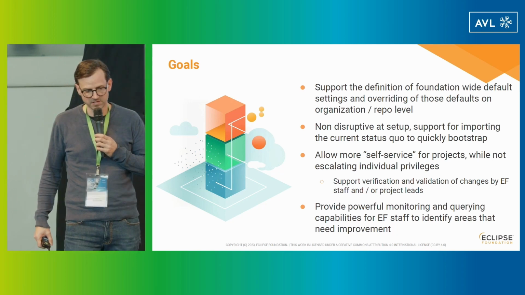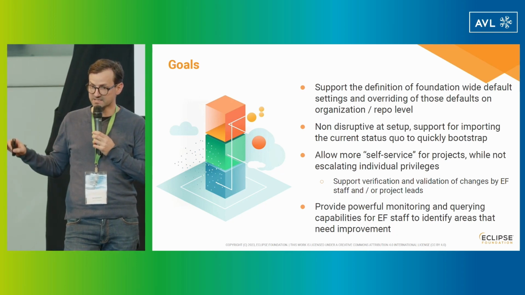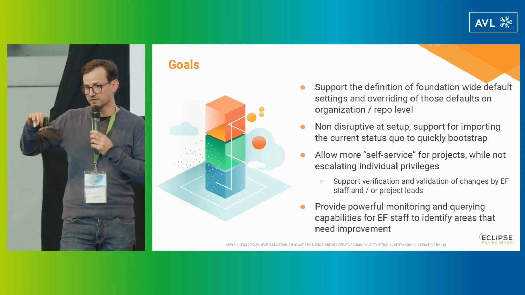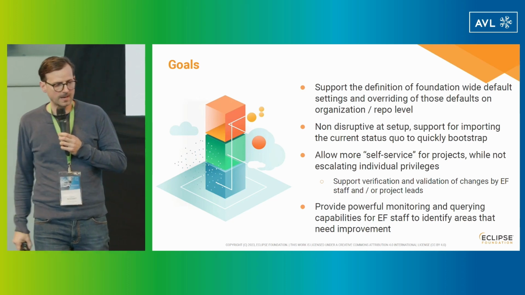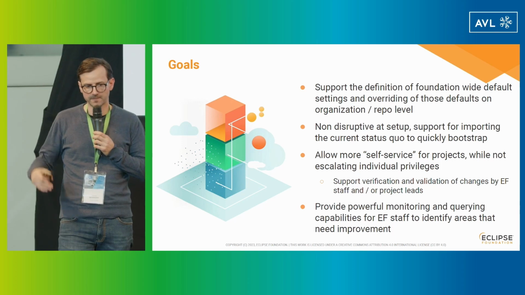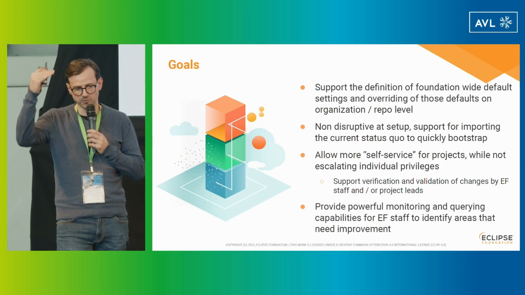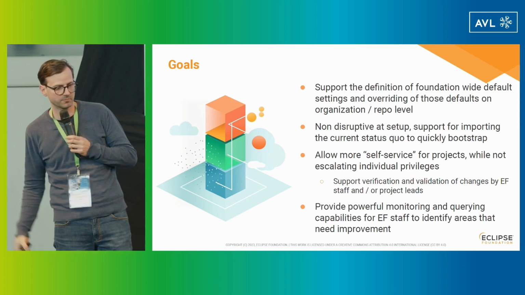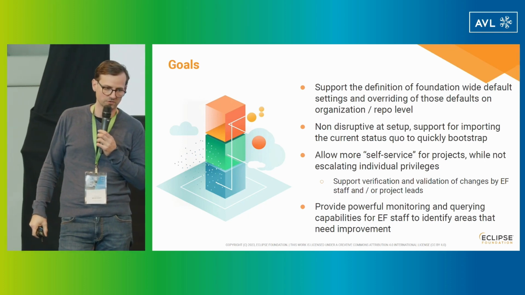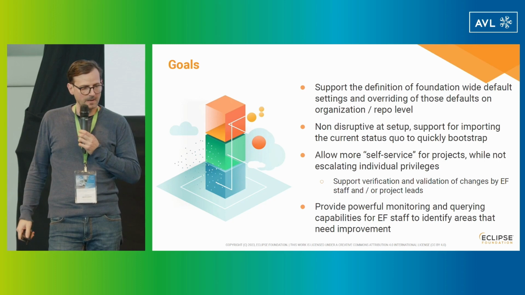That is not the intention. The intention is that we have some kind of a baseline, and if a project needs or wants to deviate from this baseline, of course it can. But at least in a regular case, we would like the projects to have these settings because they are deemed to be secure, or the most secure way to do software development, especially on GitHub.